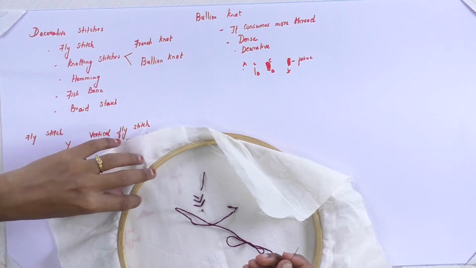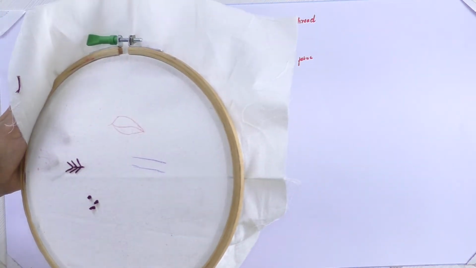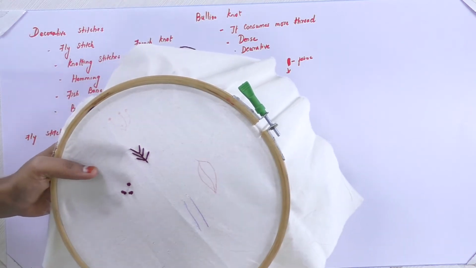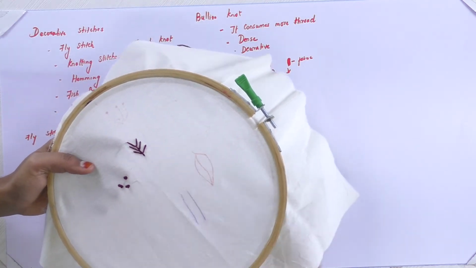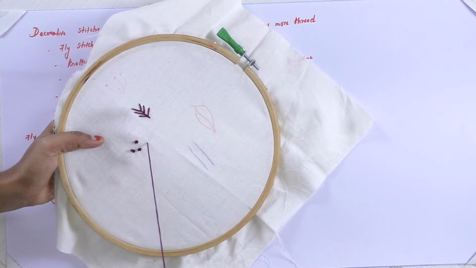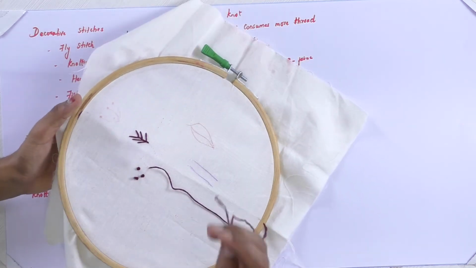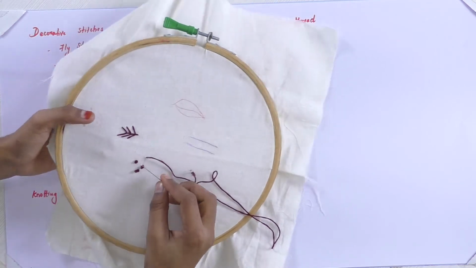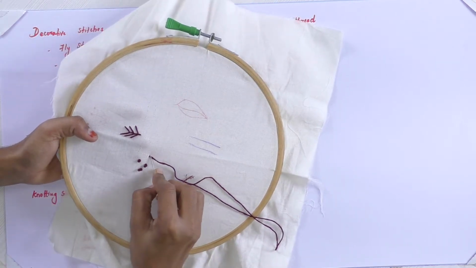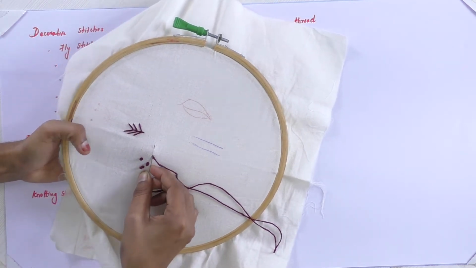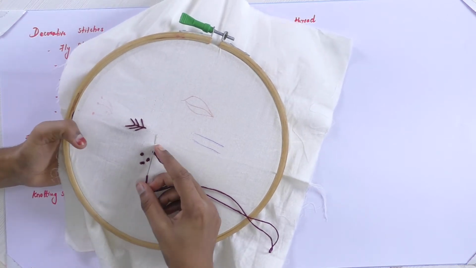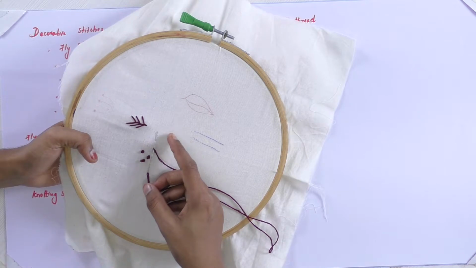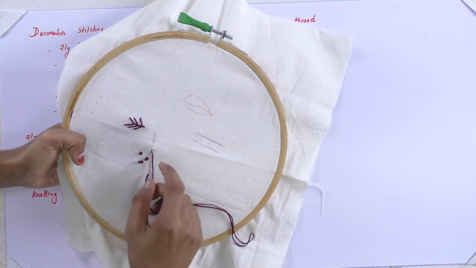For this Boolean knot also, try to knot at the end before starting your embroidery. So as I said, we brought the needle to the top of your fabric, pierce at the point B or C. The distance you decided is the entire length which the entire Boolean knot should occupy.